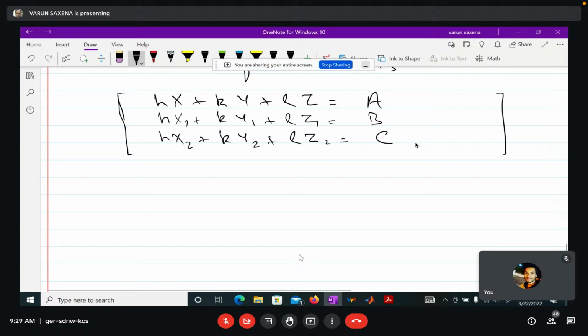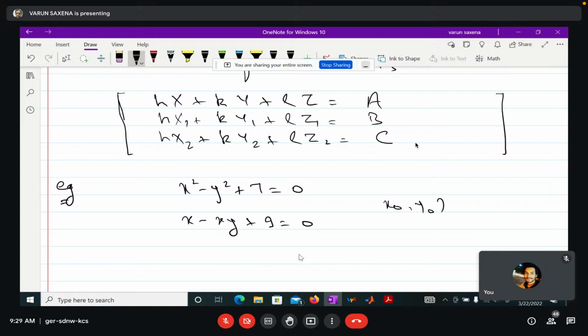So let's say that I give you an equation which is x square minus y square plus 7 is equal to 0. I give you x minus xy plus 9 is equal to 0. And I say that let's begin the initial iteration at 3, 5 as the initial iteration.